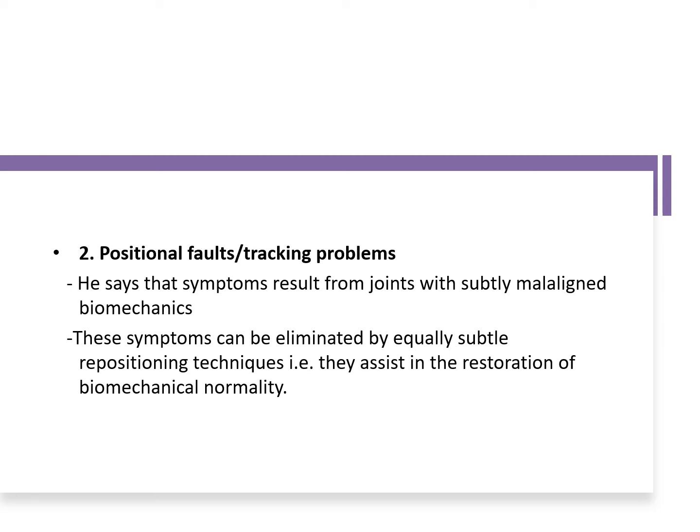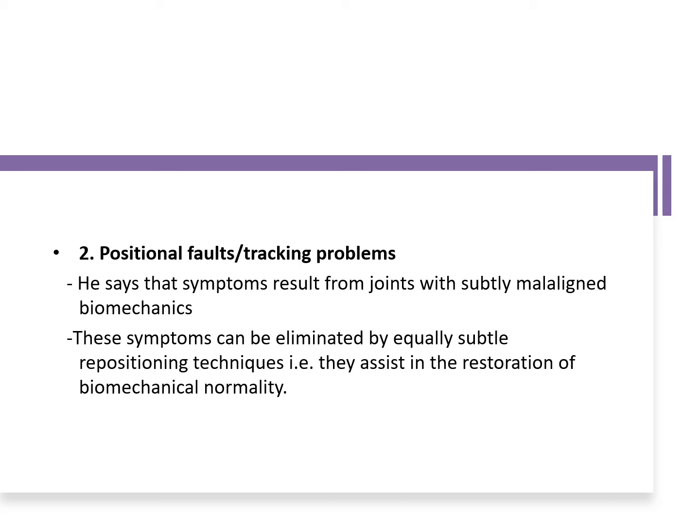So he has said that symptoms which result from joints with subtly malaligned biomechanics or tracking issues are known as positional faults. These symptoms can be eliminated by equally subtle repositioning techniques, that is, they assist in restoration of biomechanical normality.